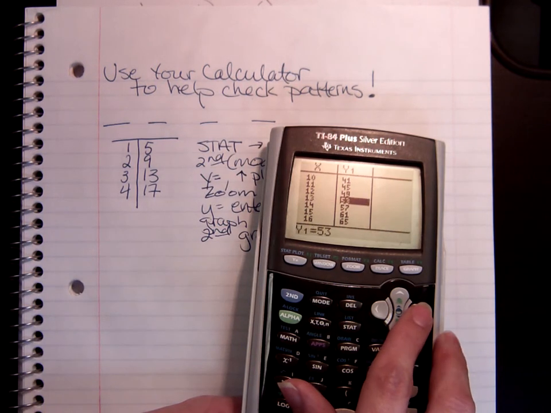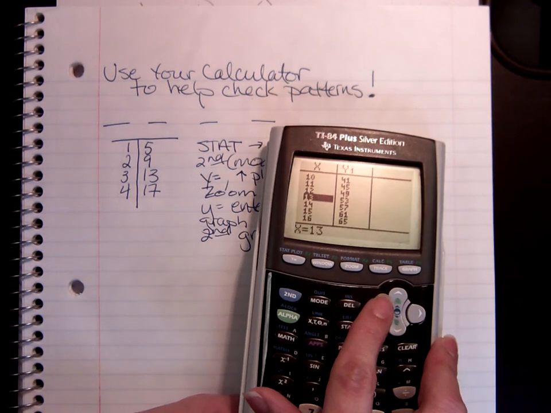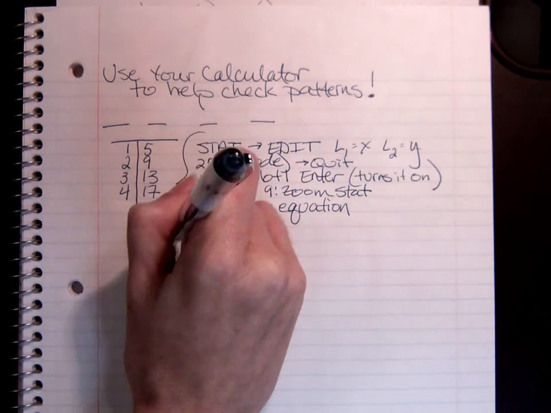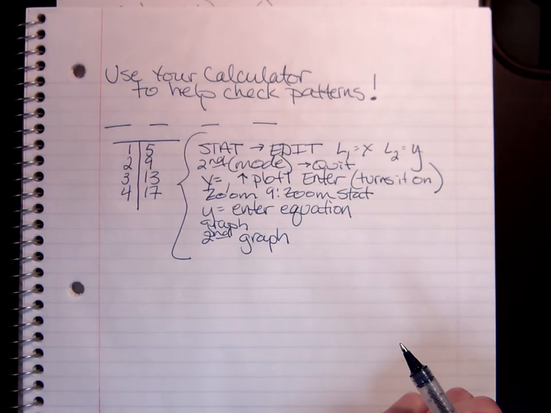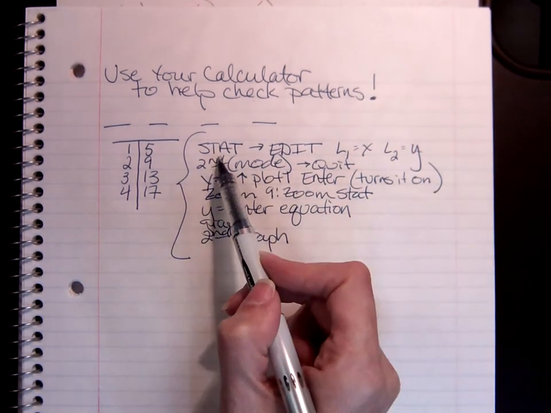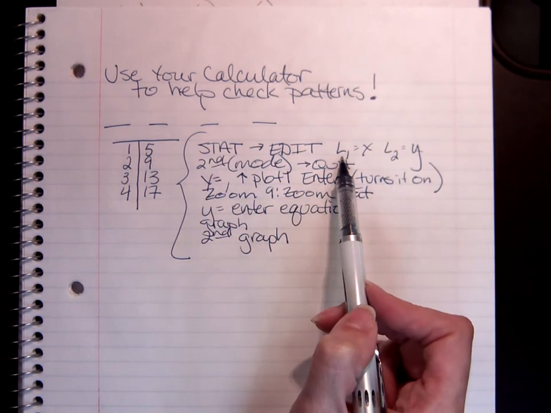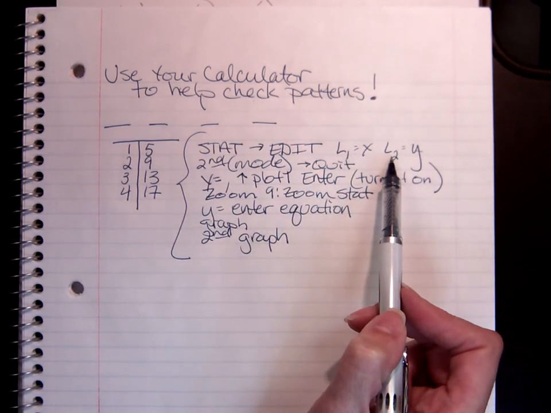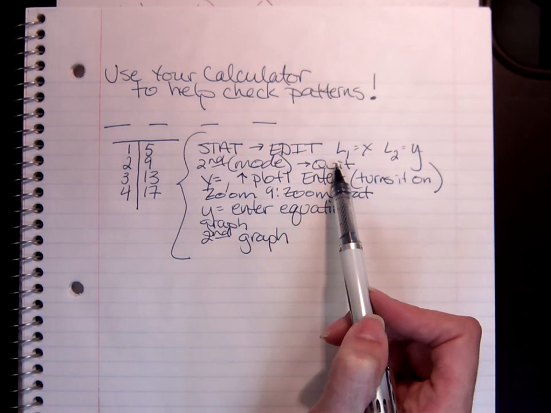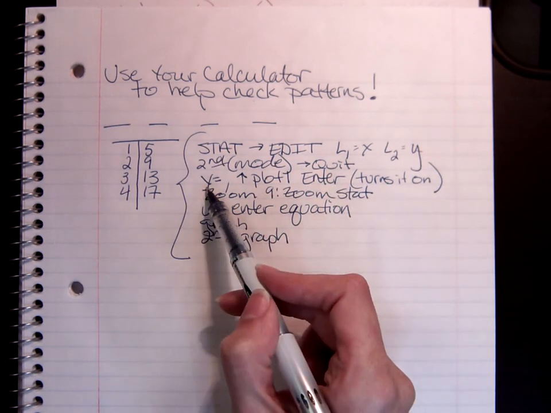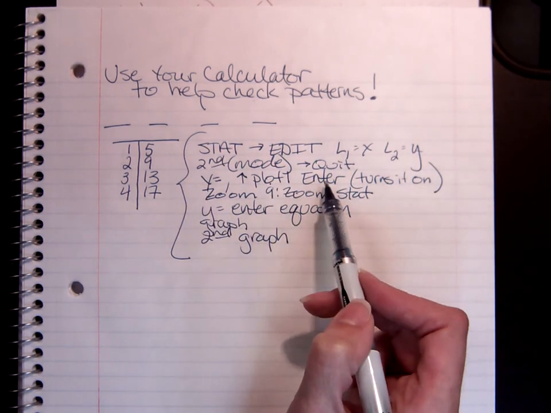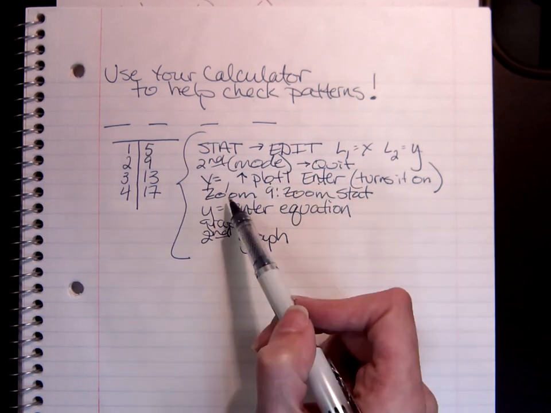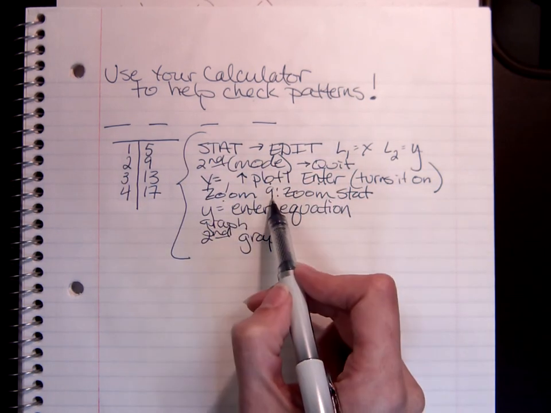Okay? So we want to make sure these instructions go in your comp book so that you have access to them. We go to Stat and then Edit and put the X's in L1 and the Y's in L2. Second mode to quit out of that screen. Y equals, arrow up to plot 1, press Enter, and then the Zoom button, option 9, Zoom Stat.